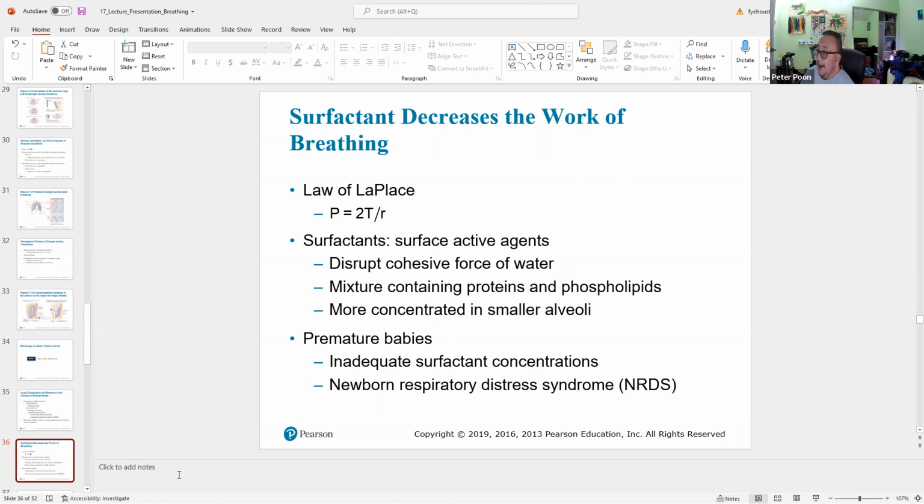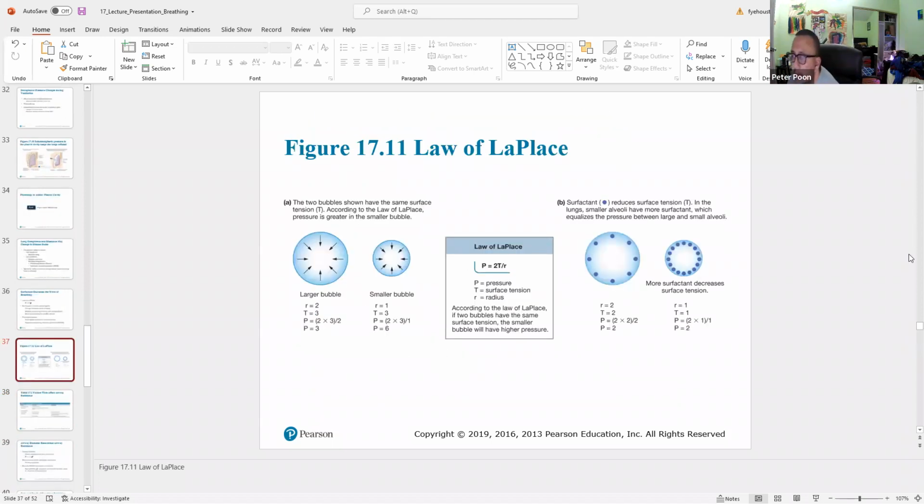One of the things that occurs in preemies is they produce inadequate surfactant. A surfactant is a surface active agent that disrupts the cohesiveness of the water, and that makes the tissue easier to expand.